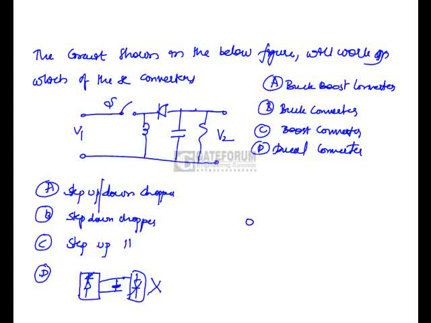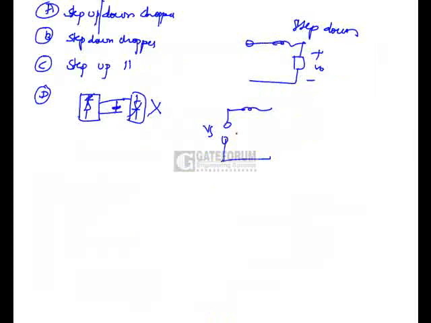Now the remaining options are choppers. In choppers, if the inductor is connected at the load side, it is a step down chopper. If the inductor is connected at the source side, it is a step up chopper.